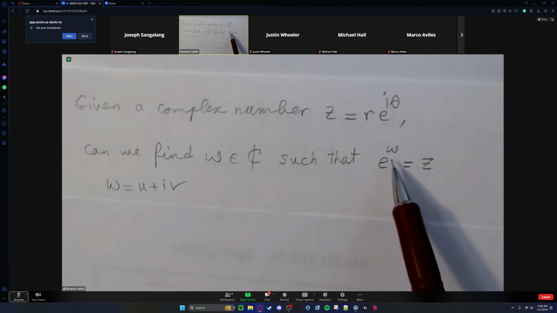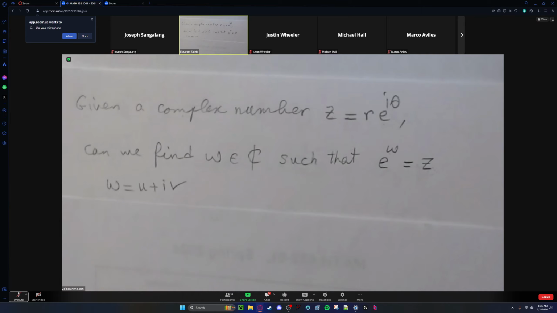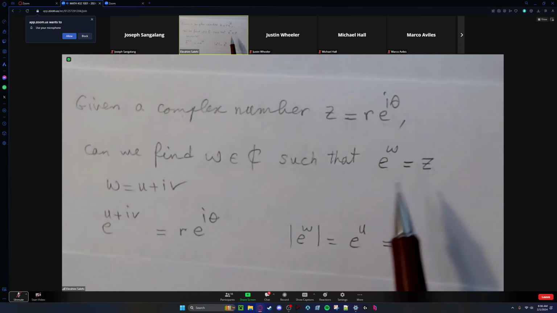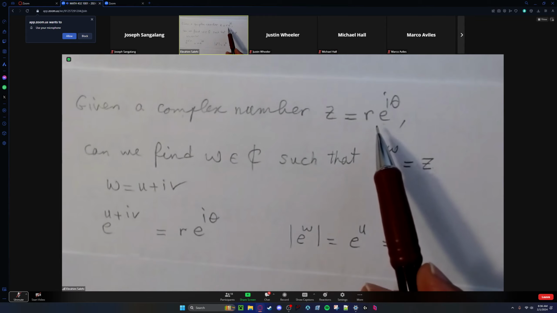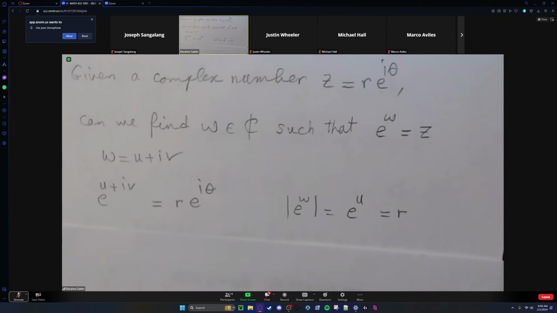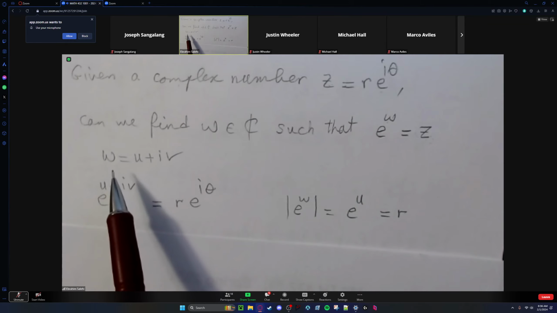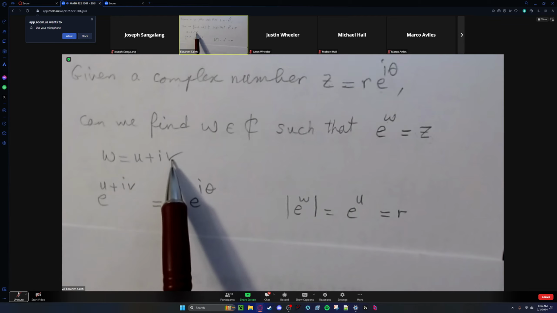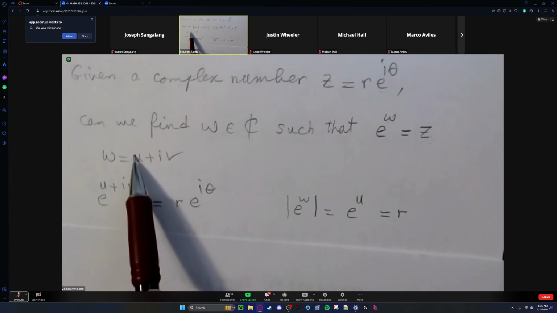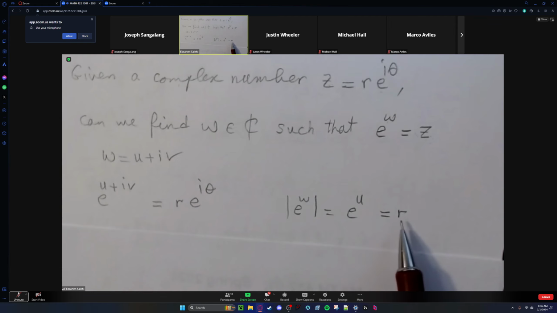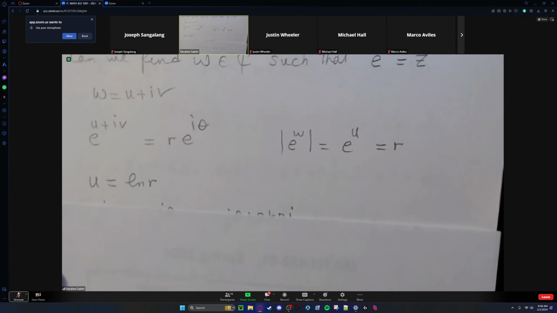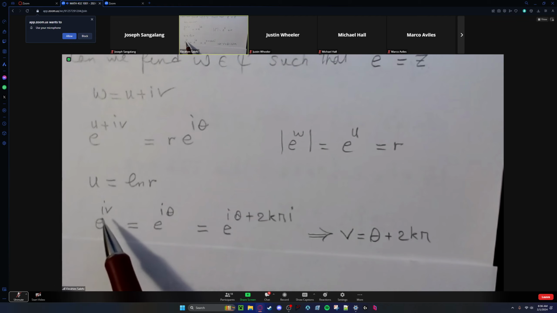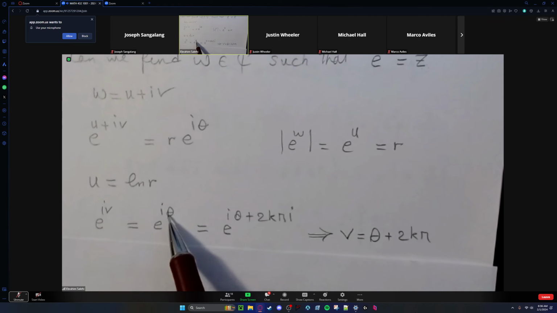Well, of course, e to the w, we know it is a complex number, u plus iv. After examining this equation, we notice that this r is just natural log of r for u, the real part of w. And then how about v? Well, e to the iv will be e to the i theta.